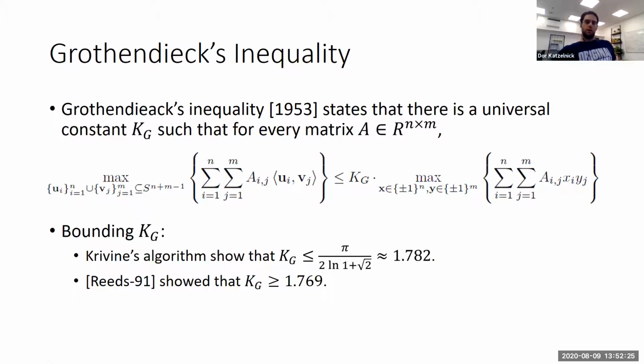Okay, so if you want to know what is the value of this constant, we actually don't know its value. We only know its first 2 digits, and we can bound its value.